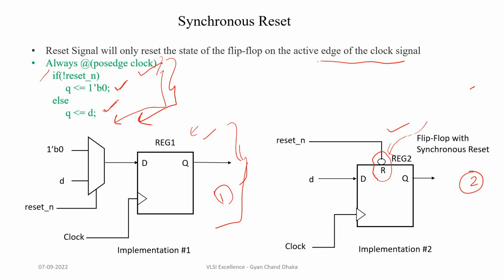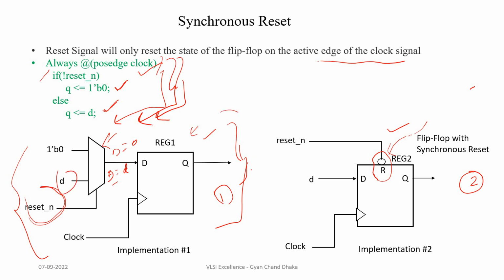If our flip-flop doesn't have a synchronous reset pin, then this Verilog HDL code will get realized into a logic circuit something like this. A mux will be added at the input data path, and based on the reset, if the reset is asserted, the D will be 0, else the D pin will get the input data.